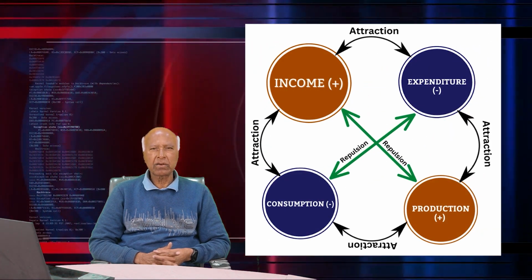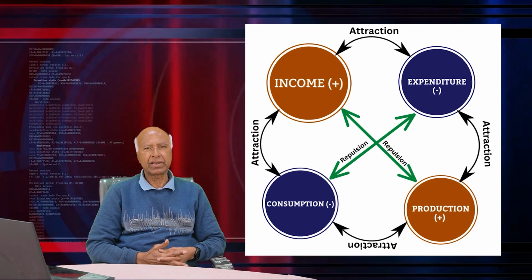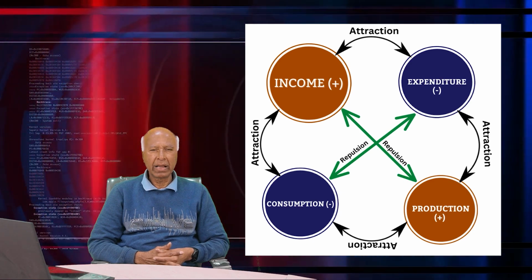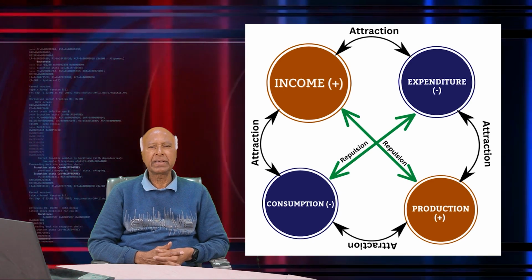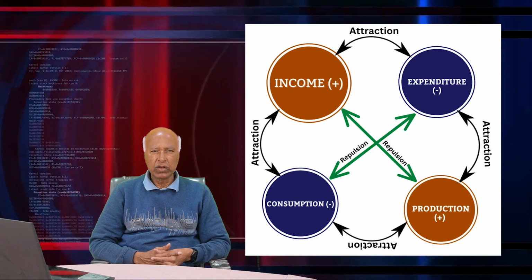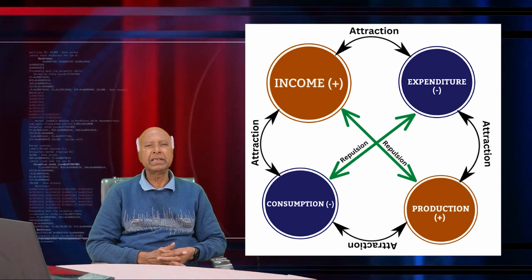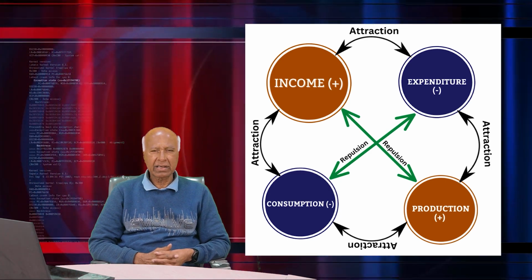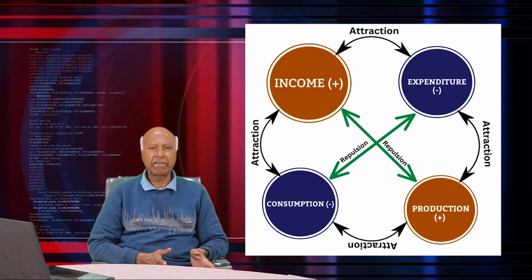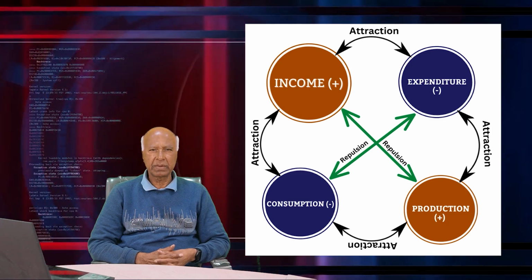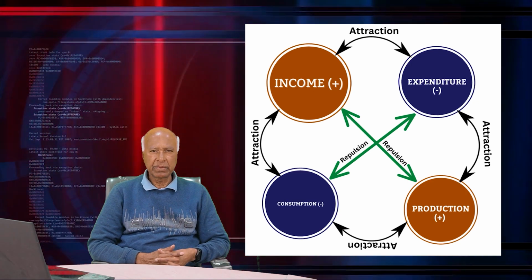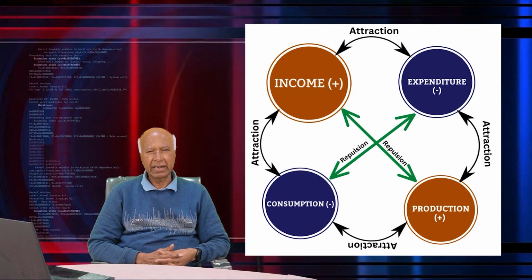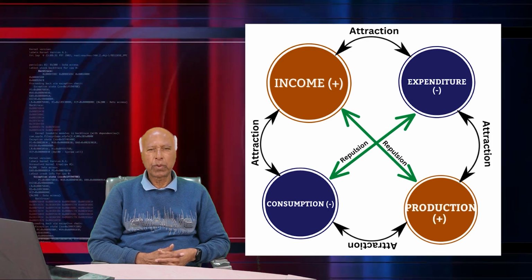So these are the four axes of my graph. At the bottom side you have the two physical activities. The left hand side of the graph represents consumption and the right hand side represents production.